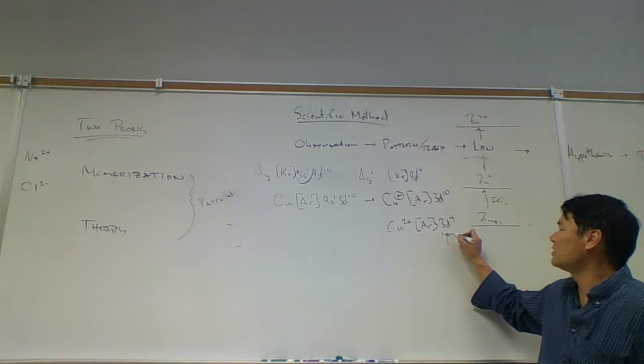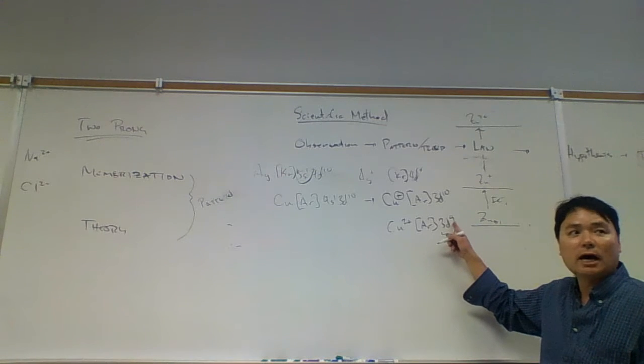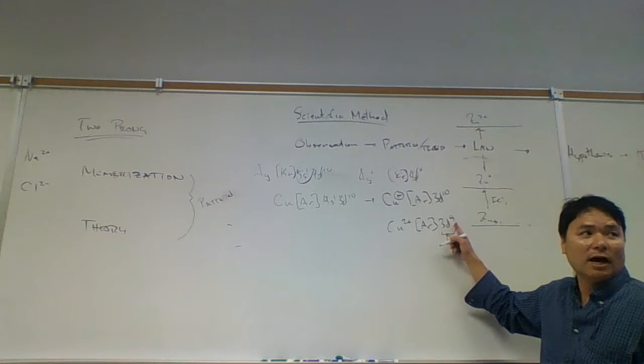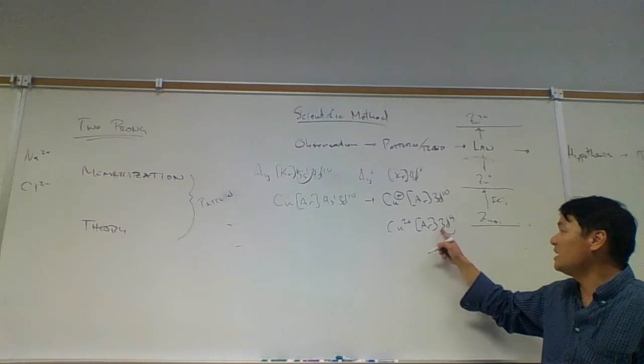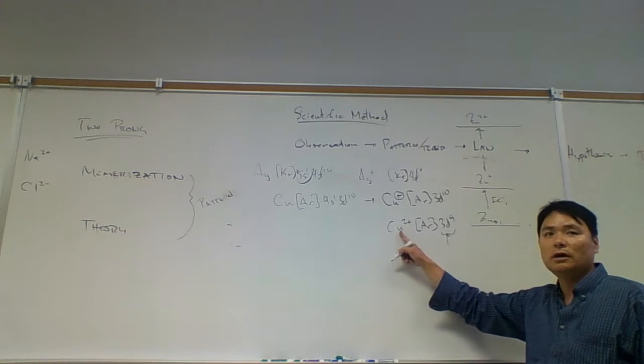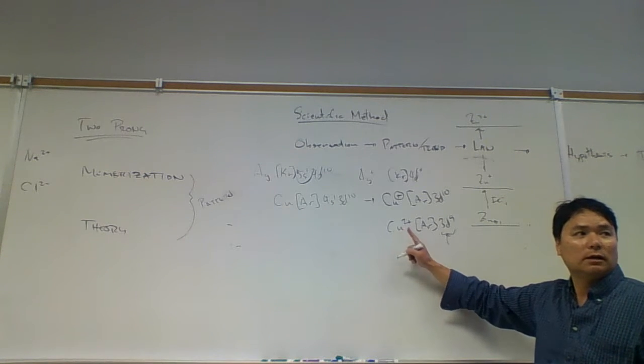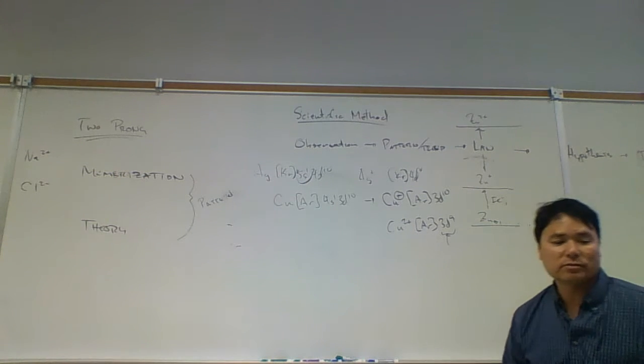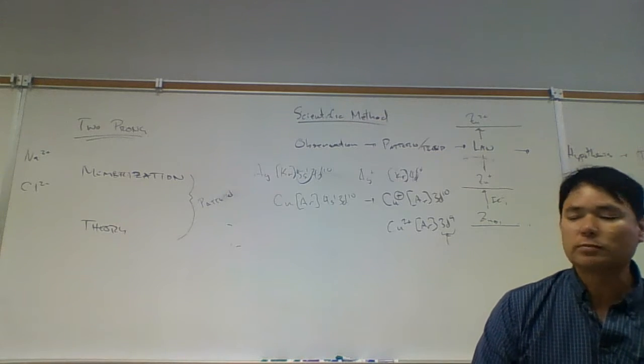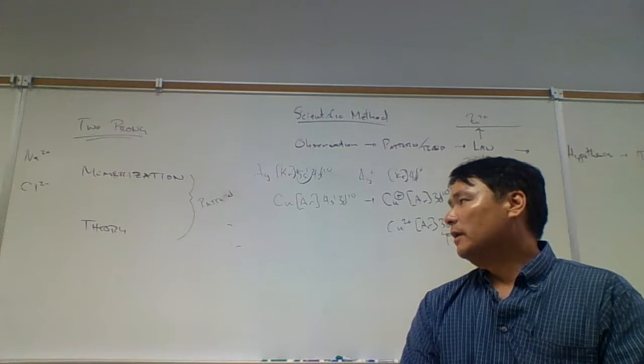In Chem 1B we're going to explain how the 3d9 is stabilized. The reason 3d9 is stabilized is because of the structure the copper 2 ions adopt in compounds. And so that's why the 3d9 comes up, and that's why copper 2 plus is fairly common.